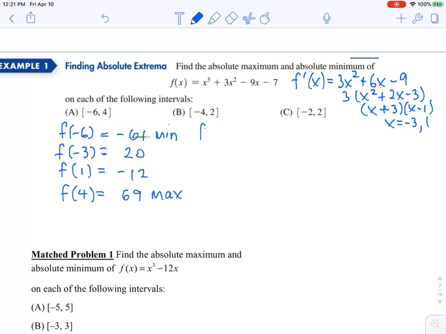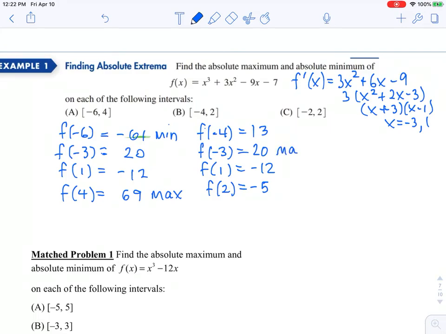Say the interval is -4 to 2. -3 is in that interval. 1 is in that interval. So the function evaluated at -4 is 13, -5.